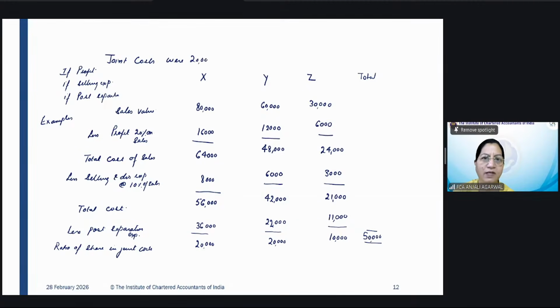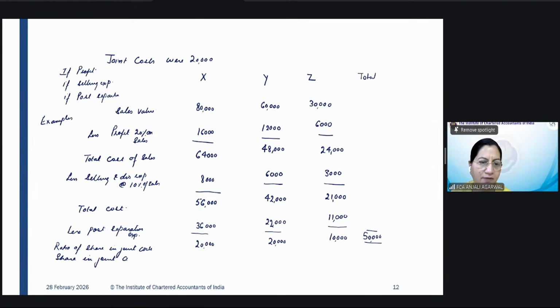And after having done these calculations, XYZ, sales value, profit, selling expenses, and total cost of pre-separation and post-separation, I end up getting the joint cost as 50,000. But we don't have the joint cost of 50,000. Therefore, the joint cost is not 20, 20, 10, but this is the ratio in which the joint cost will be allocated.